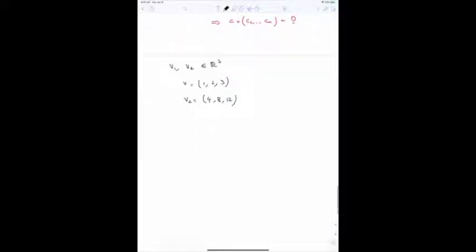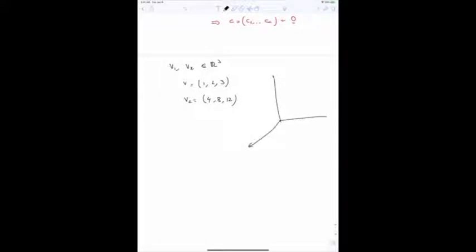Let's look at an example. Let's say that we have v1 and v2 in R3. So v1 is simply (1, 2, 3), and v2 is (4, 8, 12).